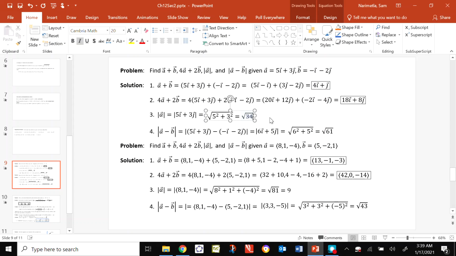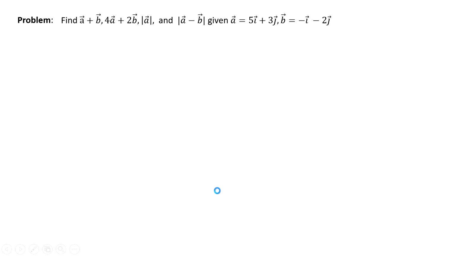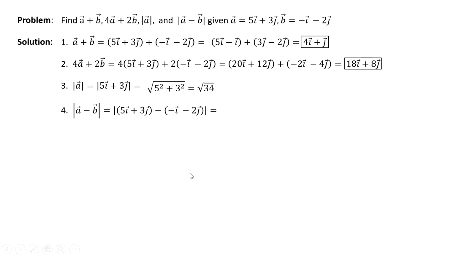Square root of 34. Yeah, let's fix that. So 5 squared plus 3 squared, 25 plus 9. Yeah, 25 plus 9 is 34. Square root of 34. That's the magnitude of vector A.